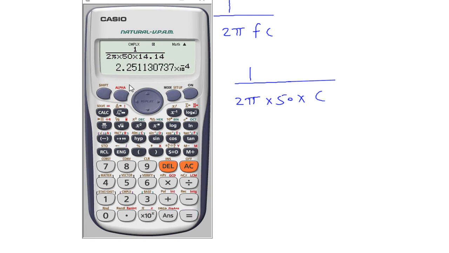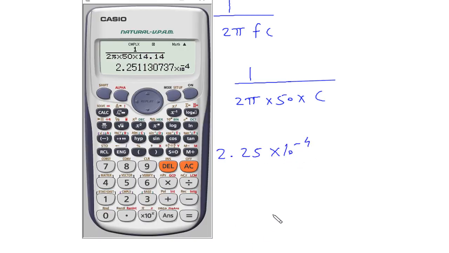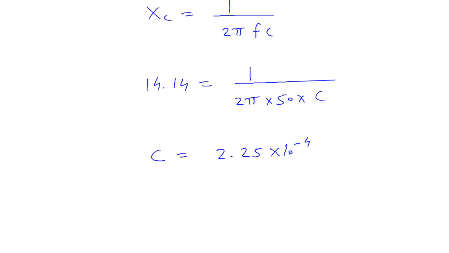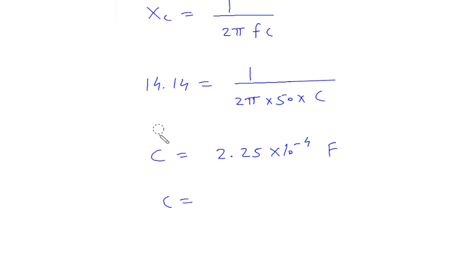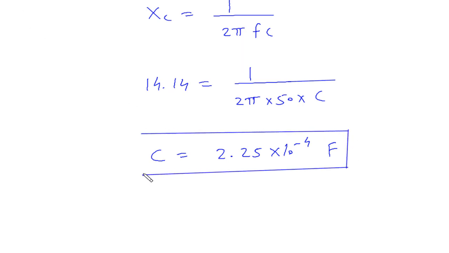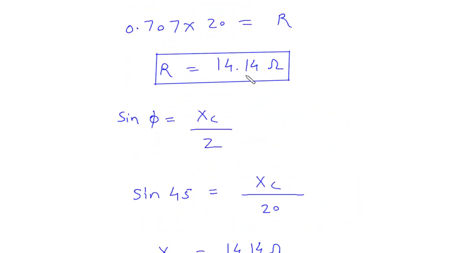So this will be 2.25 into 10 to the power minus 4. The unit of capacitance is farad. So this is the value of capacitance and this is the value of resistance.